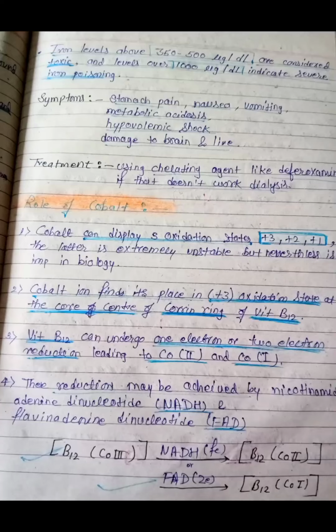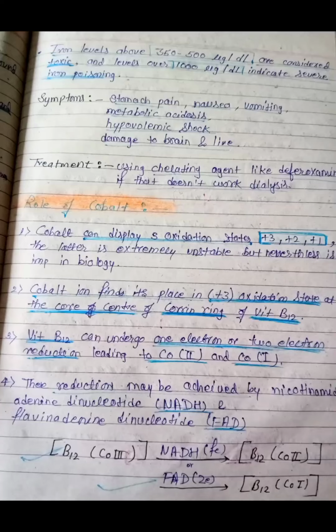Role of cobalt. Cobalt can display 3 oxidation states, which are +3, +2 and +1.